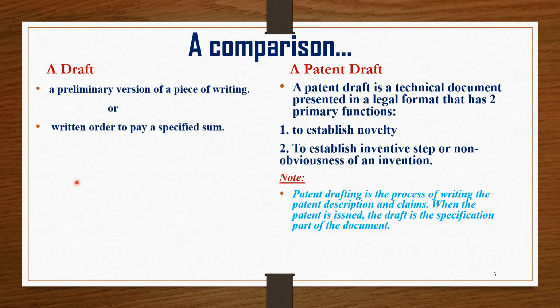When the patent is issued, the draft is the specification part of the document. So, whenever you try to understand the meaning of this statement that I have written in the note part, then your confusions will be clarified. Just remember, patent drafting is the process of writing the patent description and claims. And when the patent is issued, the draft is the specification part of the document. Fine. So, the comparison has been done. Let us proceed.